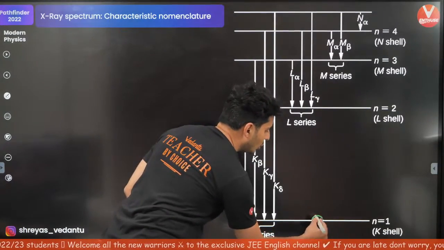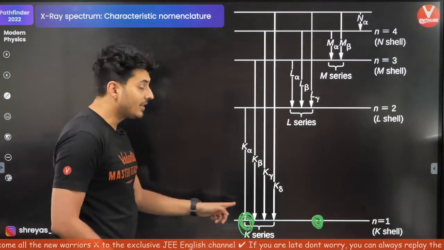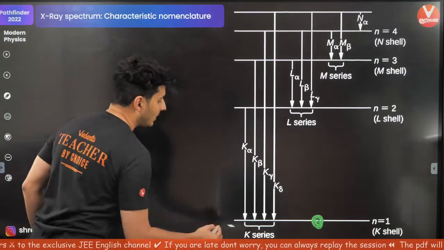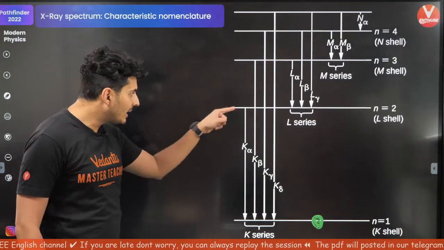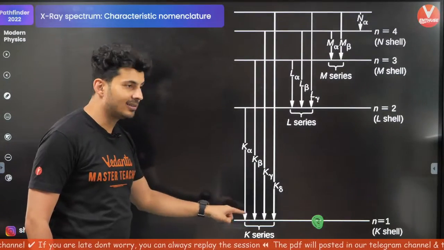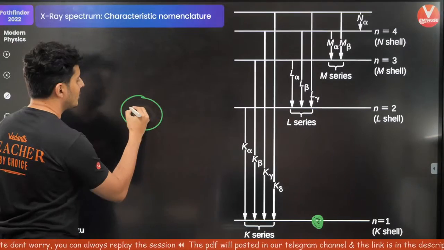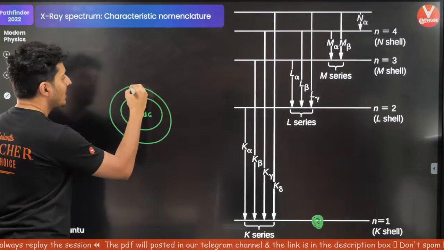So, if there are 2 electrons, and there is one vacancy, that means only 1 electron is here. That means when the electron jumps from here to here, think about it, what is happening? This is your nucleus. There is only 1 electron here.